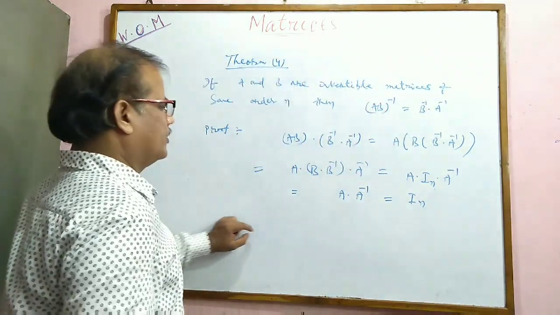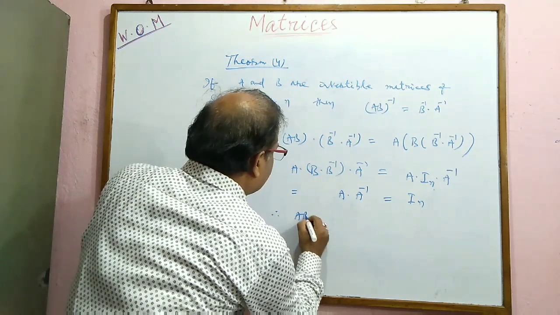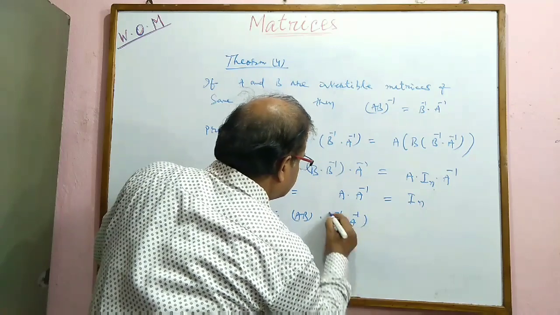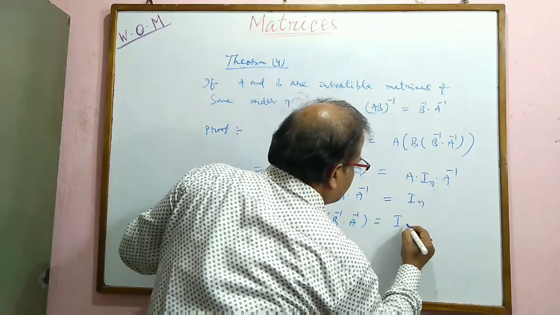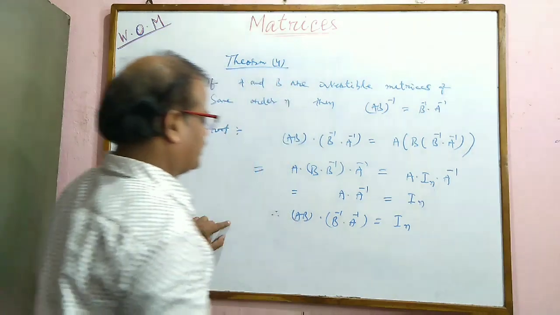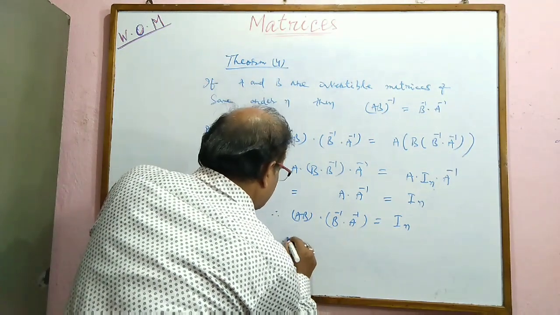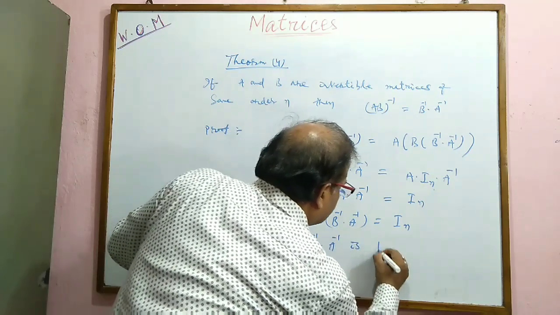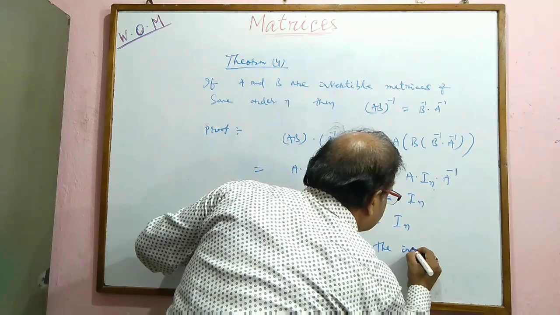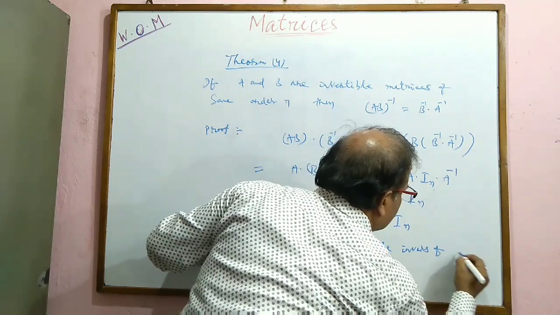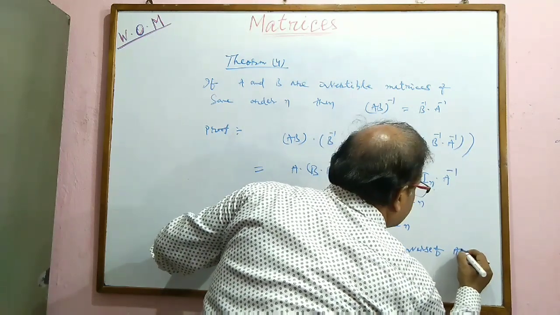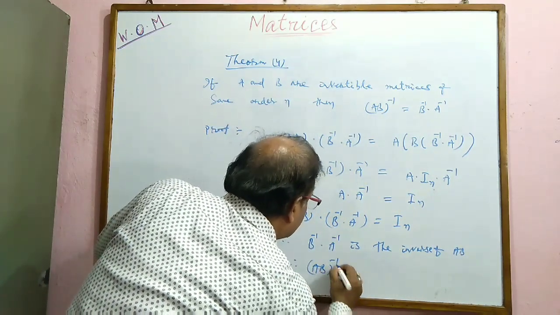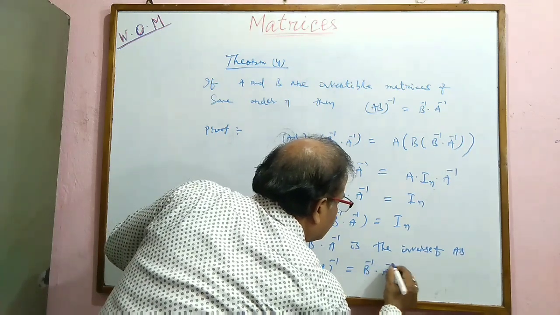Therefore AB into B inverse into A inverse is equal to identity matrix of order n. Therefore B inverse into A inverse is the inverse of AB. Therefore AB whole inverse is equal to B inverse into A inverse, hence proved.